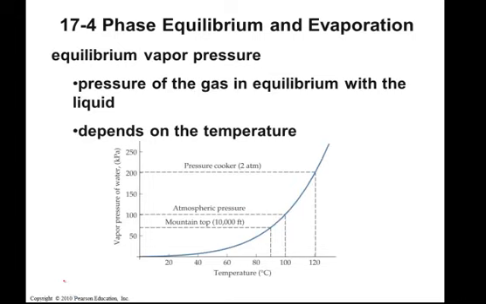The equilibrium vapor pressure is the pressure of the gas that's in equilibrium with the liquid, and it depends on the temperature. The higher the temperature, we can see, the higher the vapor pressure is going to be. And the normal boiling point of a fluid is the boiling point at atmospheric pressure.